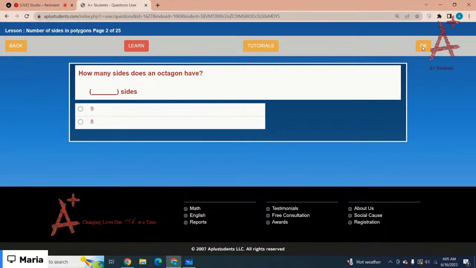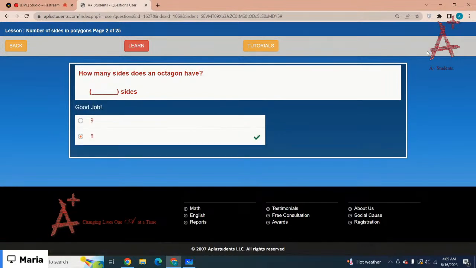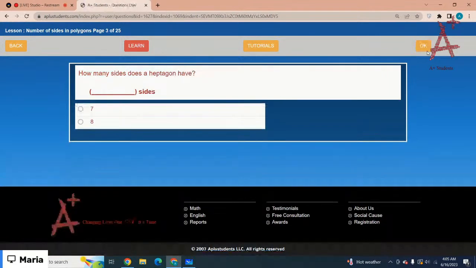Octa means 8. Got it? That means the octagon has 8 sides. How many sides does a heptagon have? A heptagon has 7 sides. So the correct option is 7.